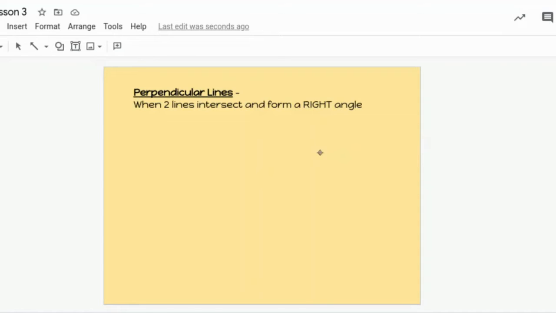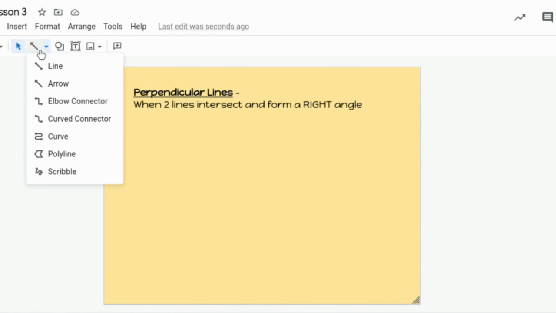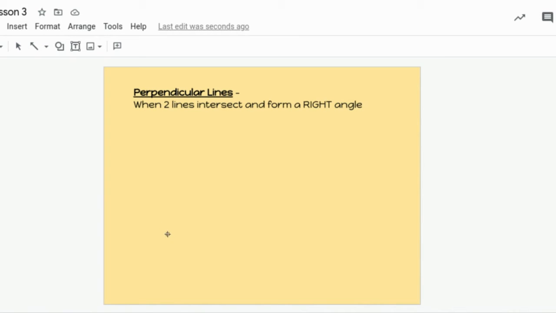So, refresher, what is a right angle? A right angle is that angle that is that perfect L shape, right? It forms that 90-degree angle. So a right angle would be, we're going to have a perfectly straight line there, and it connects here, forms this perfect up and down, right?